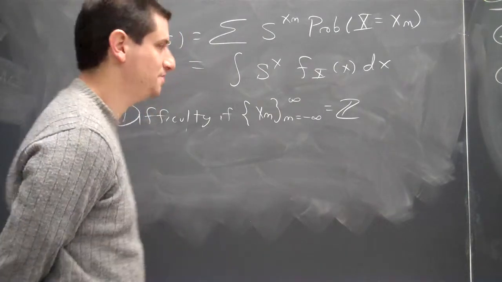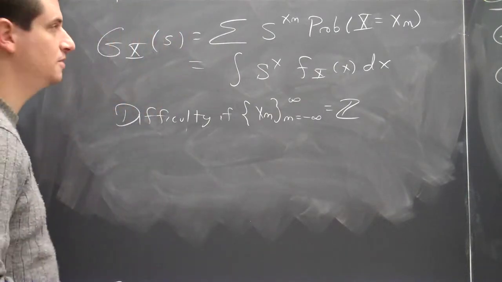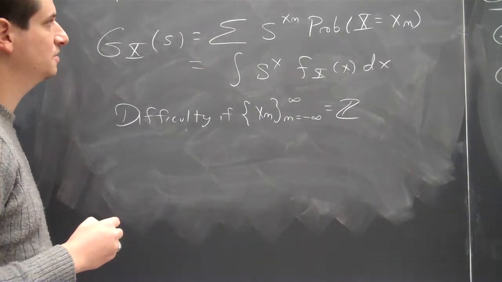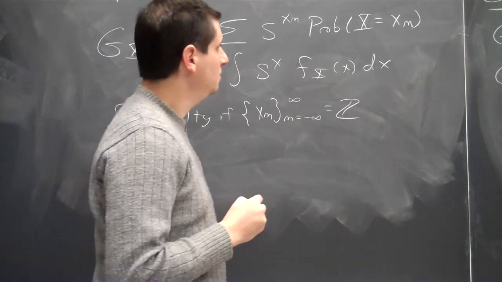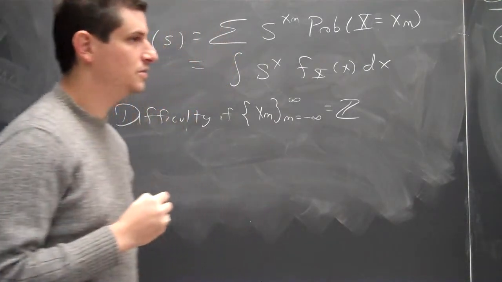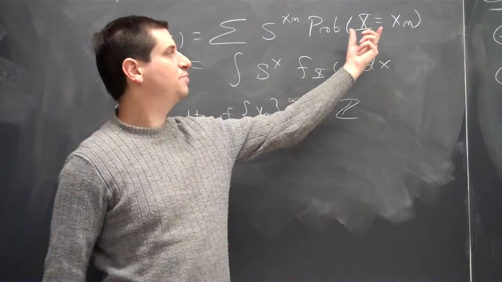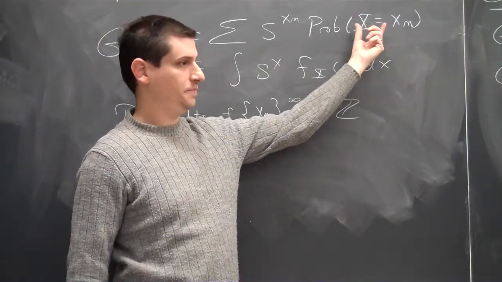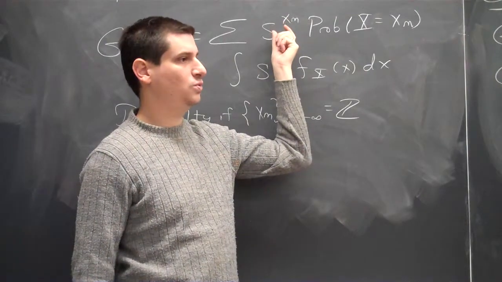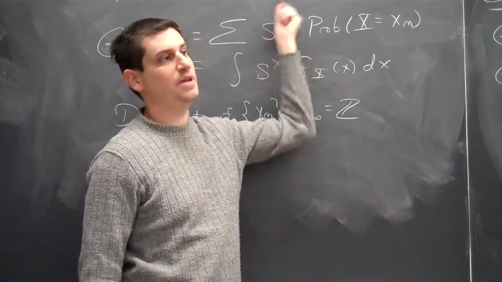Because if s is less than 1, then it's probably going to be good if x is always positive, but if x ends up being negative, then that'll make that term bigger than 1. The probabilities are always at most 1, but if s is less than 1 and we have it to a negative power, we made it larger.